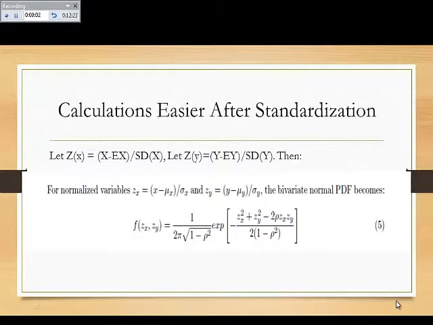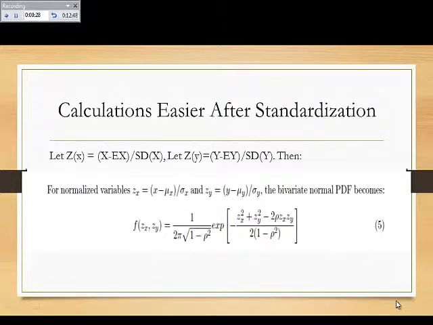Okay, so now we do some more description of the normal density. One very important special case of the normal density is the standardized case, where both x and y are standardized.